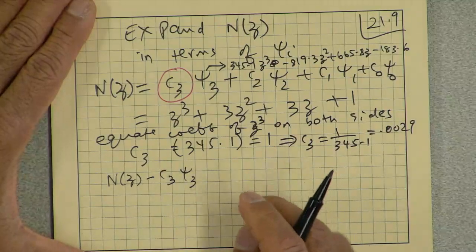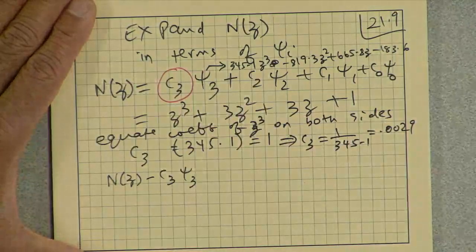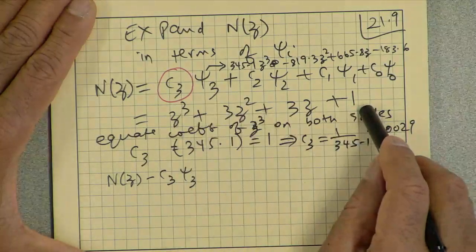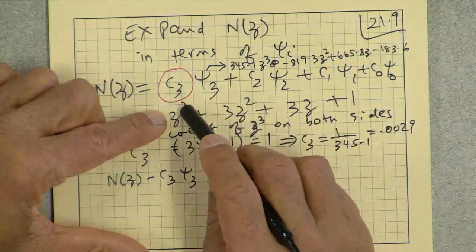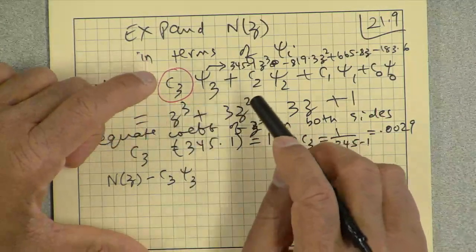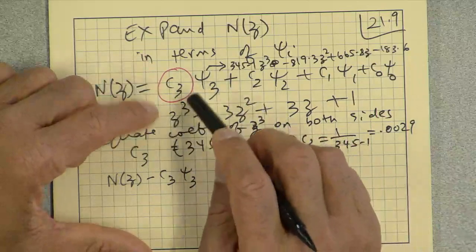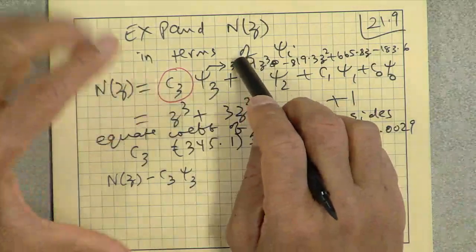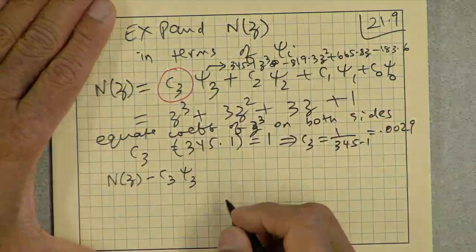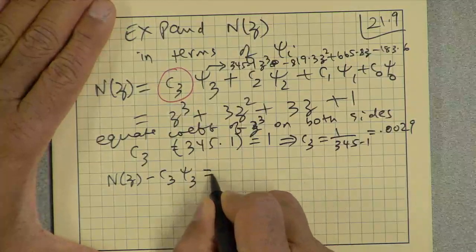So take this to the left side. N(z) was this quantity. Z cube minus C3, which is 1 by 345.1, times 345.1, that's cancelled out. So z cube will be cancelled out.